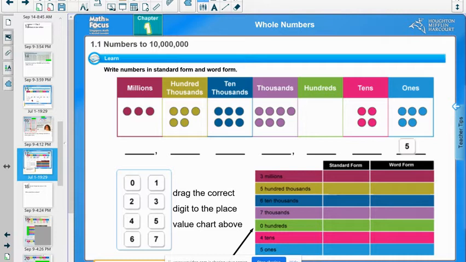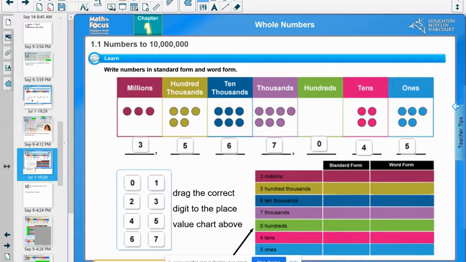So 5 ones. I've got 4 tens, right? Hundreds, I've got 0. Thousands, 7. 10,000s looks like we've got an even 6 there, right? 100,000s, 5. And millions, 3.